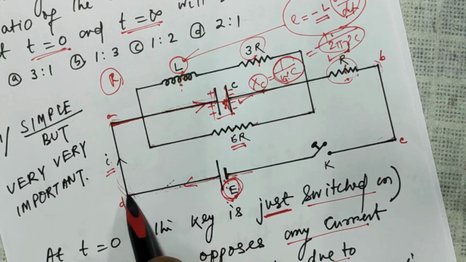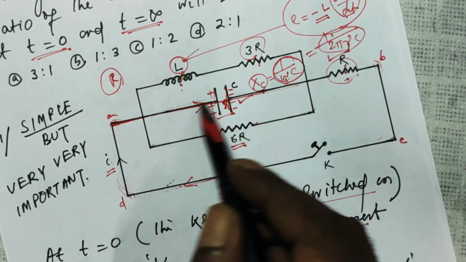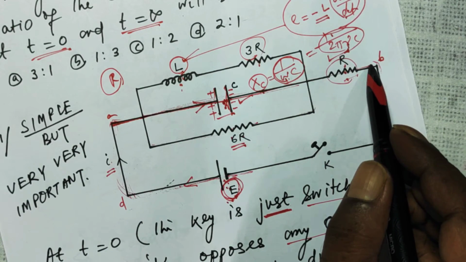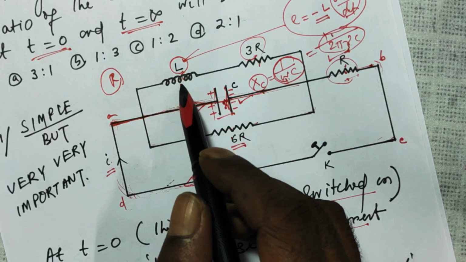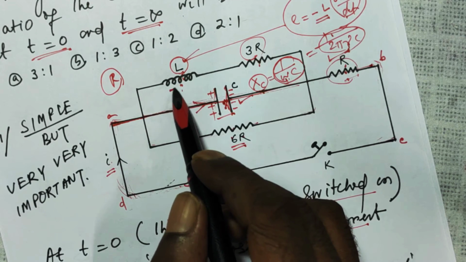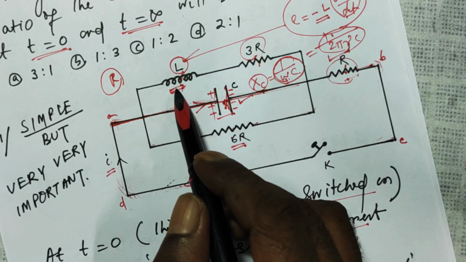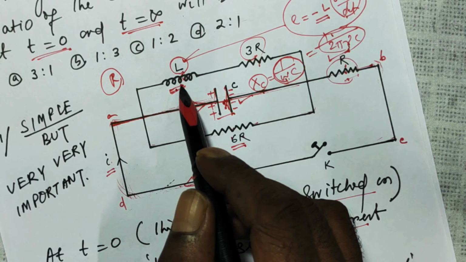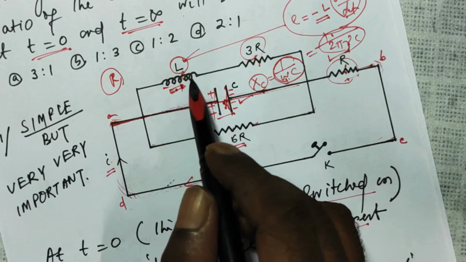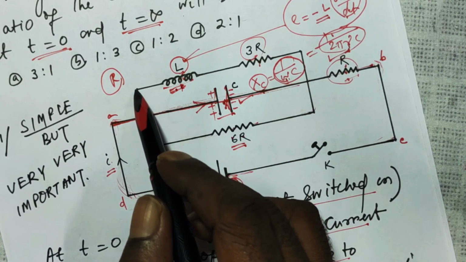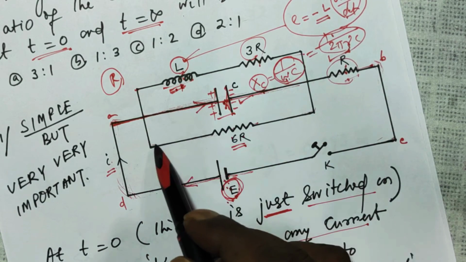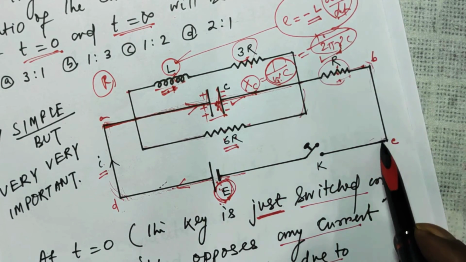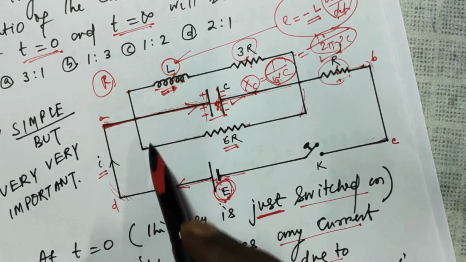Now, since it is fully charged after this much time, no current will pass through this side. Now this branch is blocked. During that time, it has stopped opposing, which means it is acting like an insulator. So the current will go through this path, combine here, pass through R and pass through the cell.